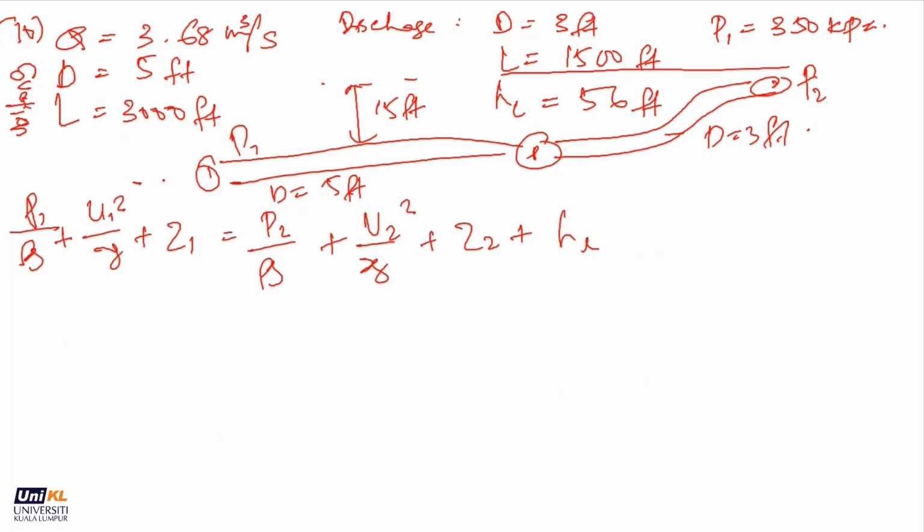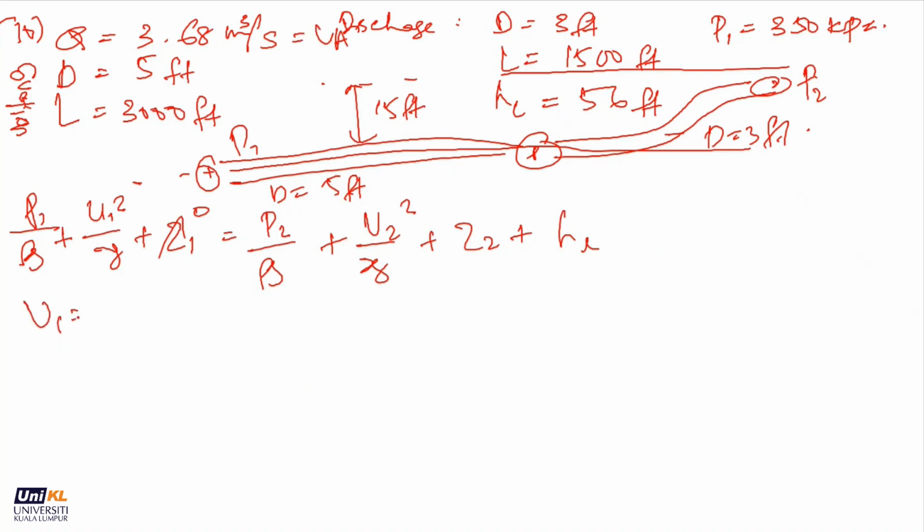So Z1 equals 0. We have P1 already. We don't have U1. We need to calculate P2. We also don't have U2. Z2 is 15 and HL equals 56.